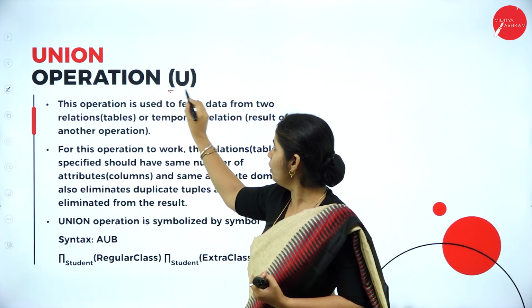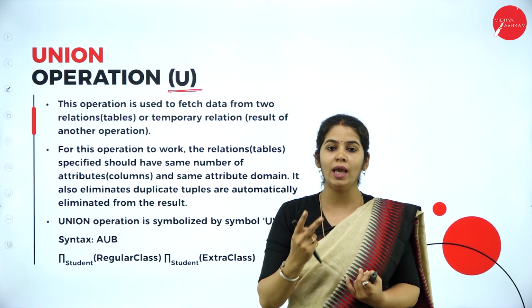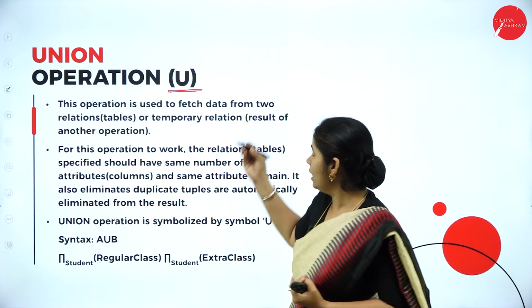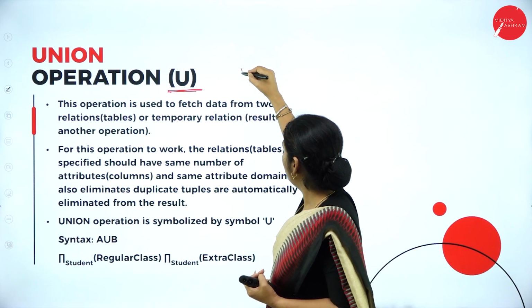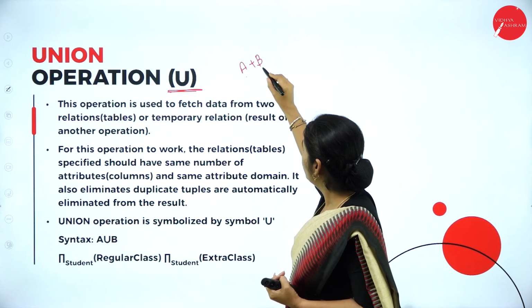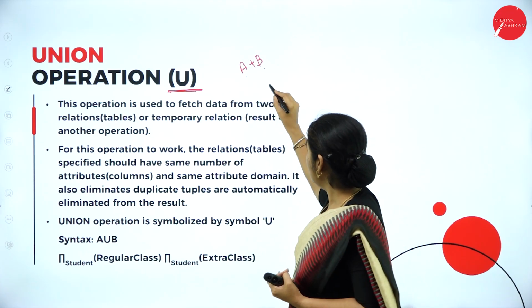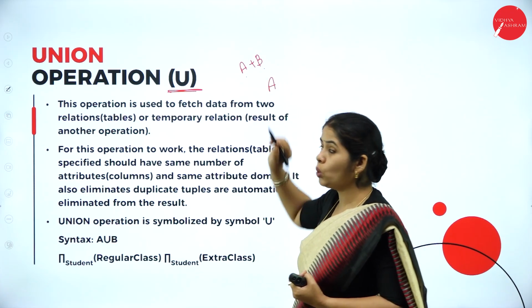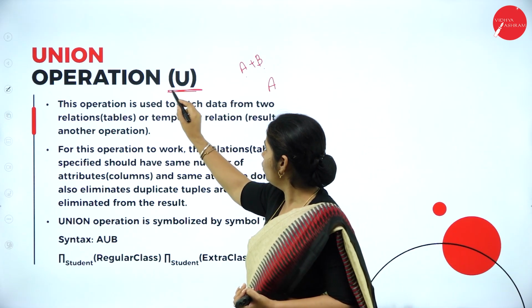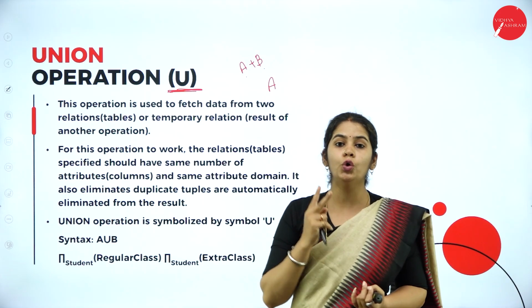Here, when we come to the union, two tables must participate in the operation. As an example, I can do A plus B when there are two variables. In a single variable A, I cannot do an add operation, right? Similarly, to do the union operation, you need two tables.